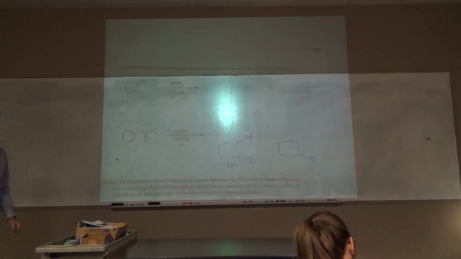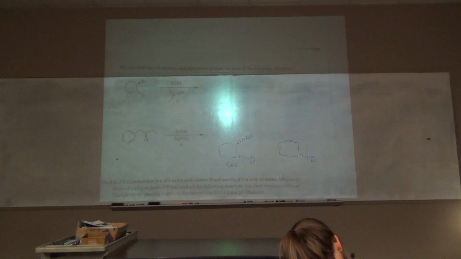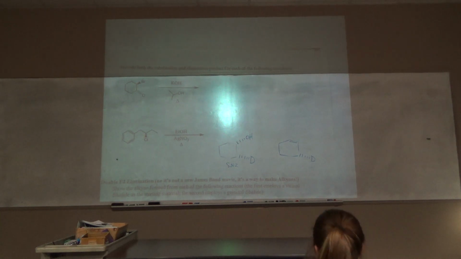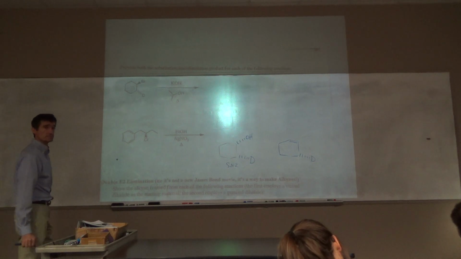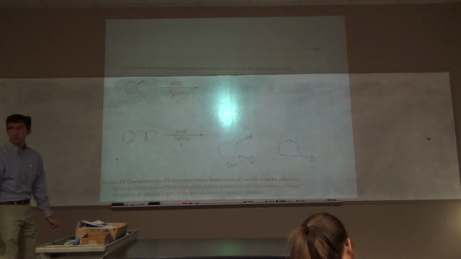SN1. What's the nucleophile in this reaction? Ethanol. What's the purpose of the silver nitrate? Make it weird or better. Facilitate ionization. Right? Silver ions. Yeah, it's carbocation chemistry.